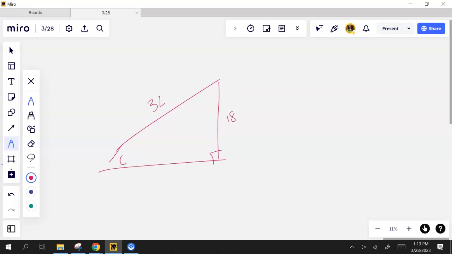Decide where your theta is. Here's your theta. I have the opposite and the hypotenuse. What should I use? Sine. That's actually shorthand, we just shortened it to SIN. One letter off.